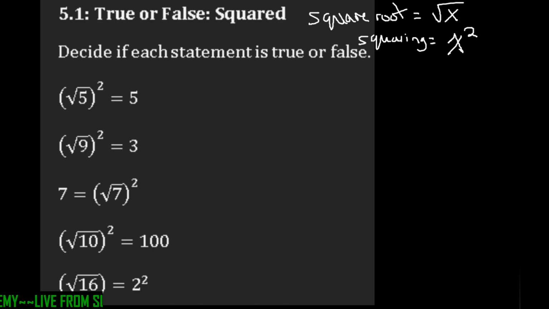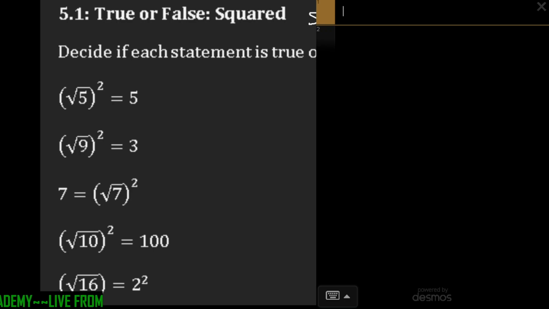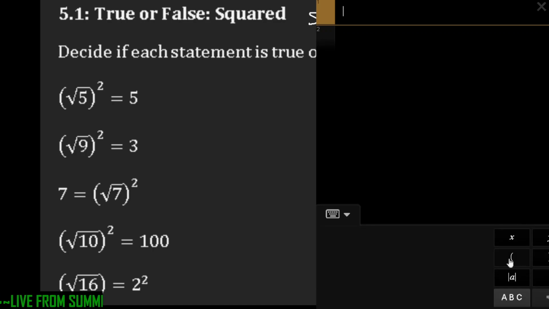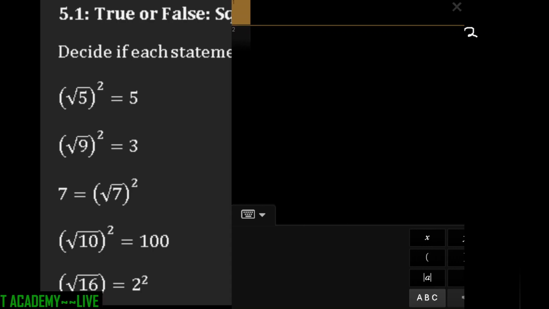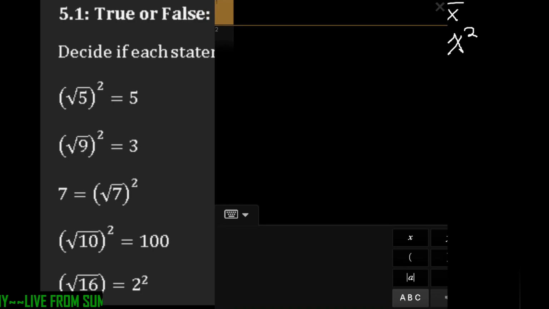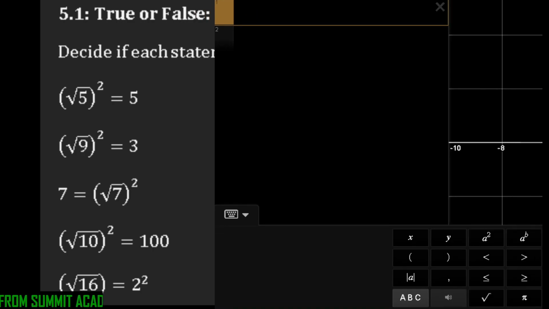All right, it says decide if each of those statements is true or false. What I want you to do is open up that Desmos calculator for yourself, to see how this works. I can type it in exactly as it looks. For that first one, I use parentheses and the square root button, so you make sure you're using it correctly.